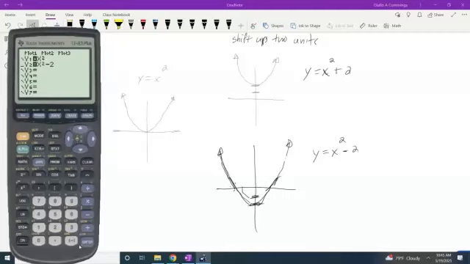If I click enter once, it's going to graph a thick line for my second equation, and a thin line for my first equation. From this point, I'm going to hit zoom 6. So there's the x squared graph, and then x squared minus 2 shifts down 2 units.